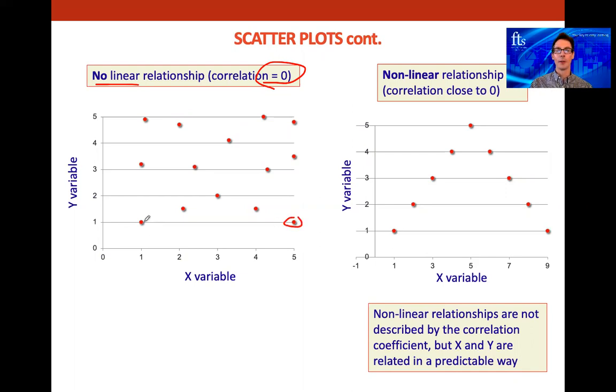So we've got a huge difference there between the two. And in this one over here, when x is big, y is big. But over here, when y is big up here, x is small. So there's no linear relationship between the two. We can't draw any type of straight line between these dots.